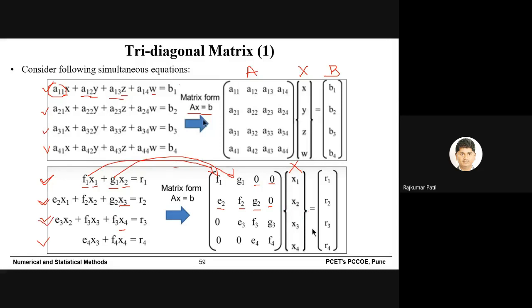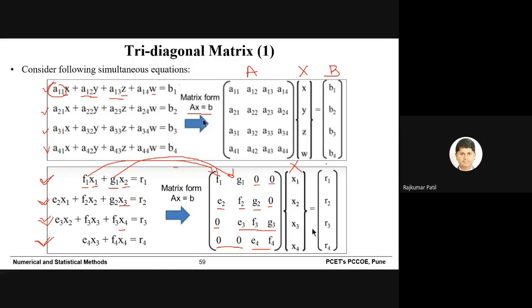And similarly, equation number 3, you can see coefficient of x1 is 0 and the coefficient of x2, x3 and x4 are known. And finally, in equation number 4, coefficients of x1, x2 are 0 and x3 and x4 are known, that is E4 and F4.